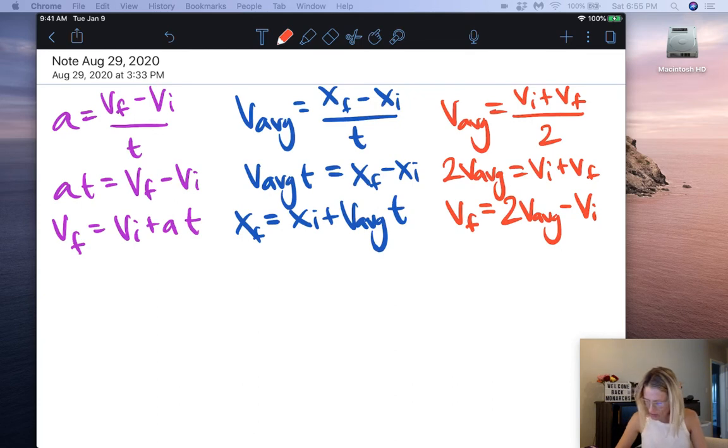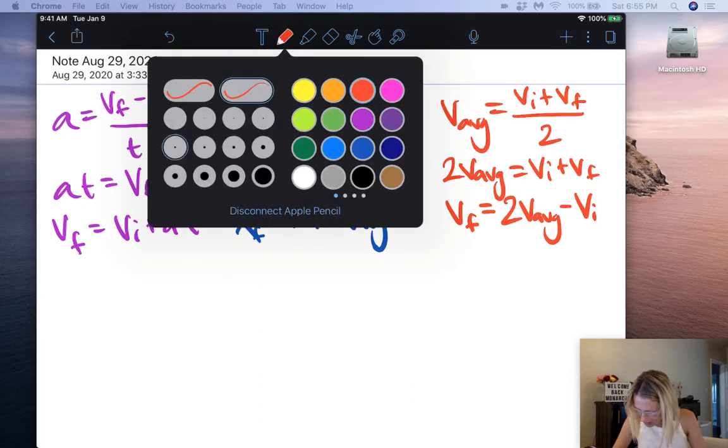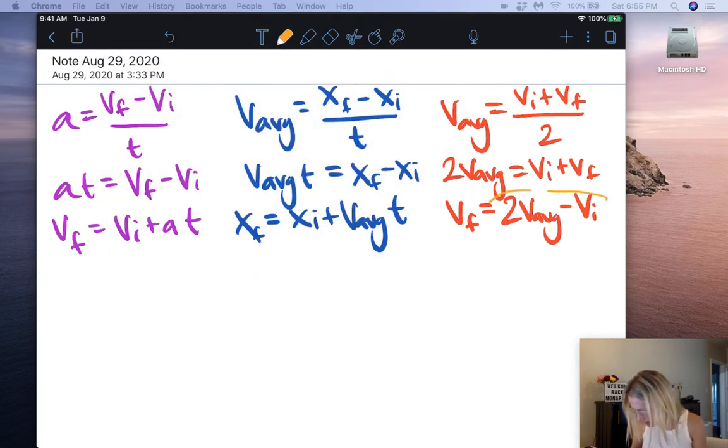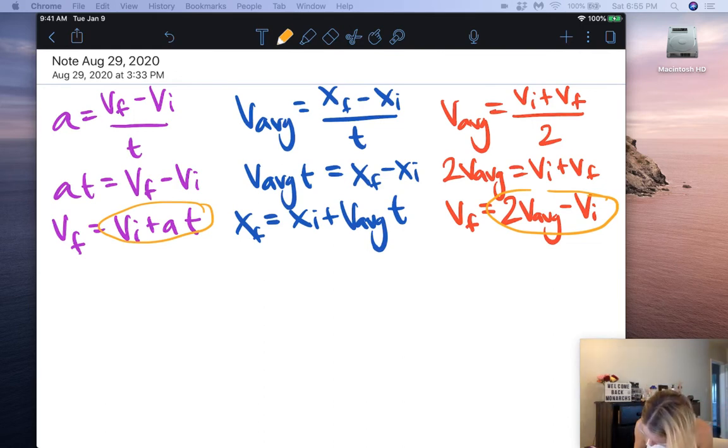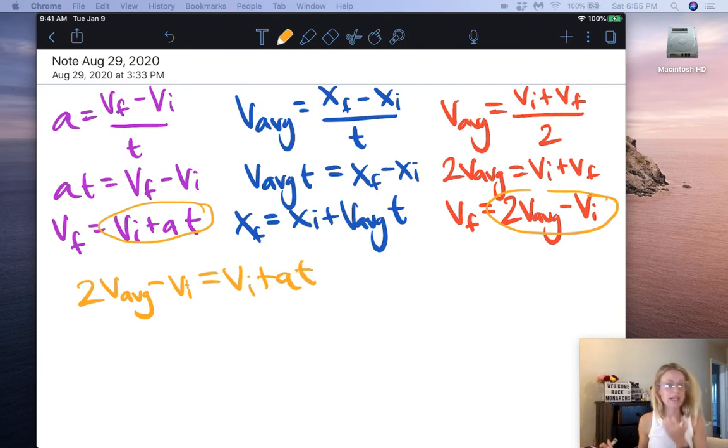So what I'm going to do here is take this right here and set it equal to this right here because I know that final velocity equals final velocity. So 2 times the average velocity minus the initial velocity equals initial velocity plus acceleration times time. I'm just setting those things equal to each other. This is supposed to be an initial velocity right there.